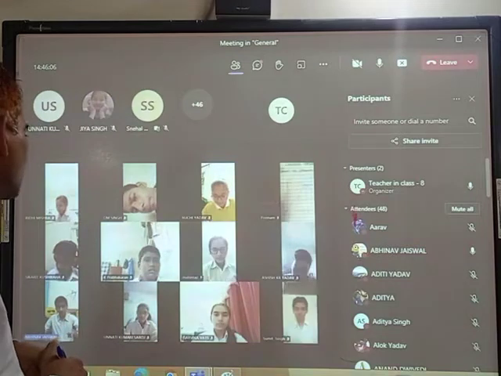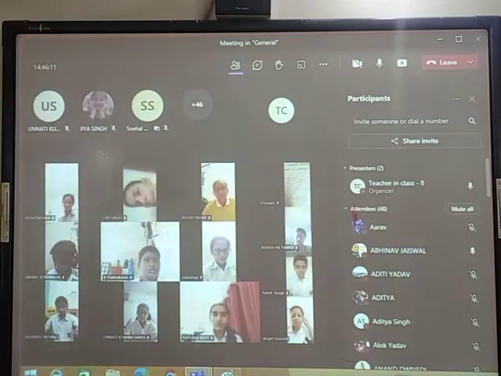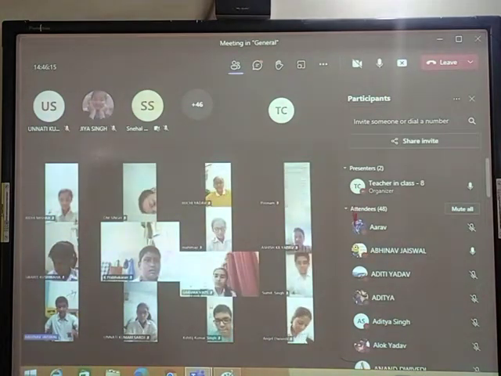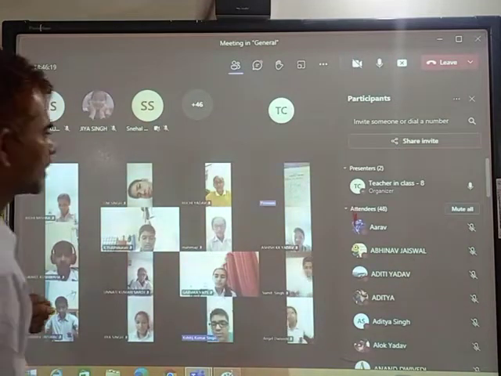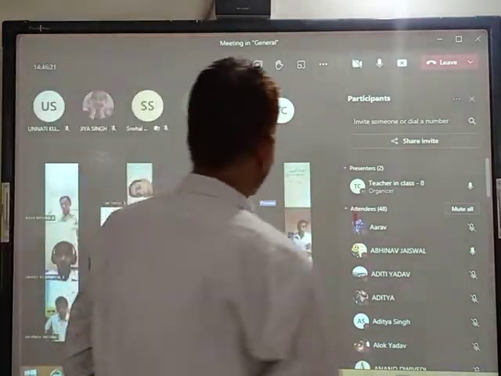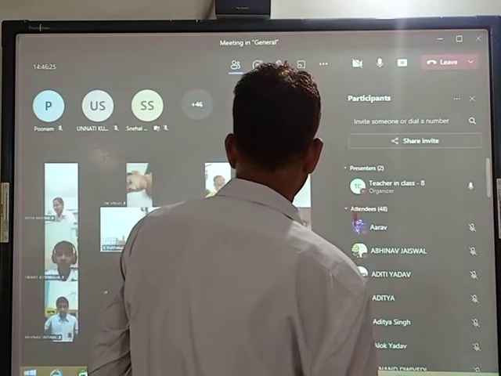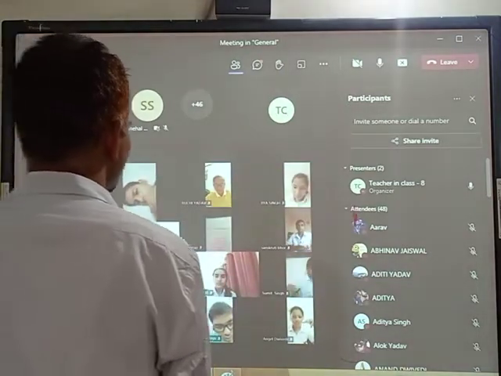Om Singh, Ruchika Yadav, Ruchi Yadav, Poonam, have you drawn? Yes, very good. Showing the picture of the figure.